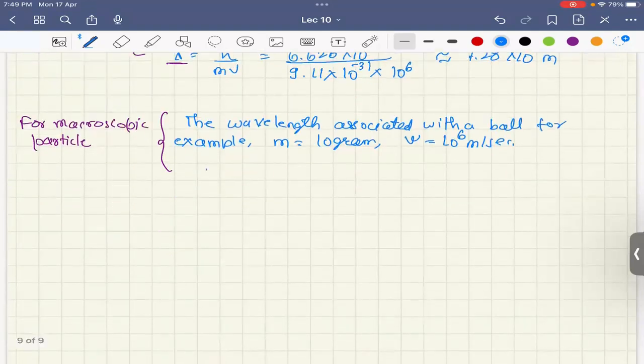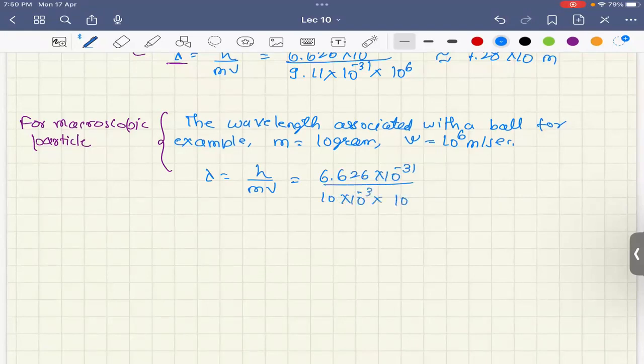So for that, lambda is h by mv, which is 6.626 into 10 raised to power minus 34 divided by 10 into 10 raised to power minus 3 multiplied by 10 raised to power 6, which comes out to be 6.63 into 10 raised to power minus 38 meter.